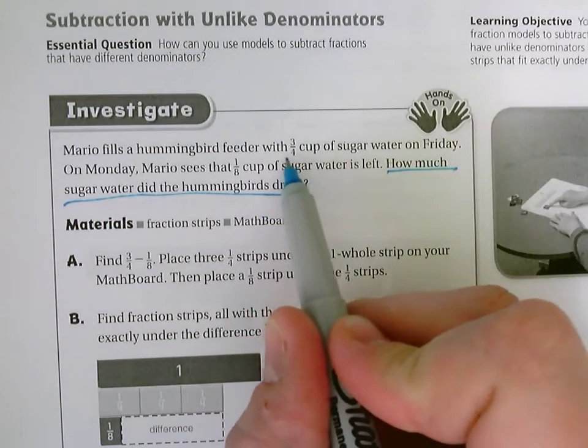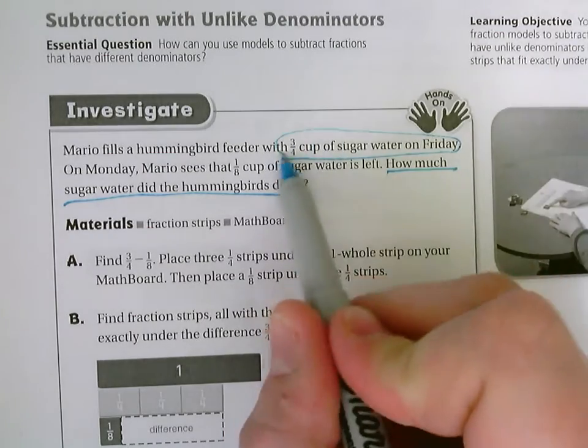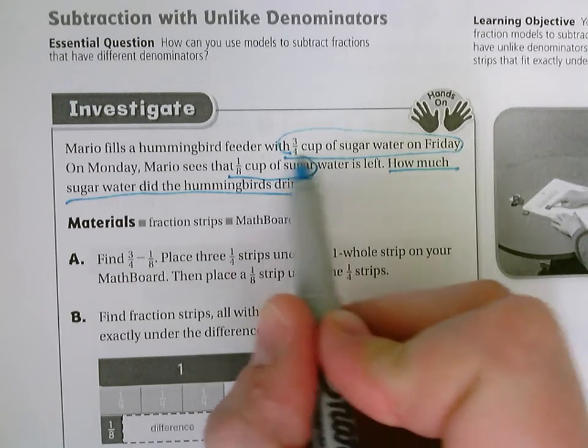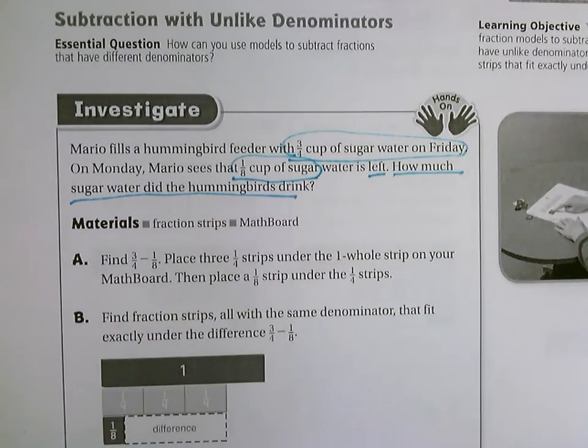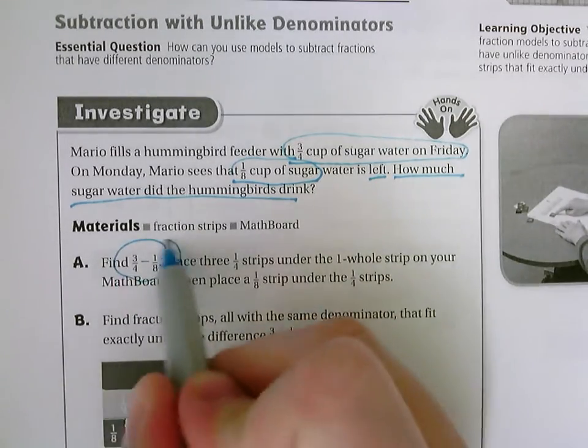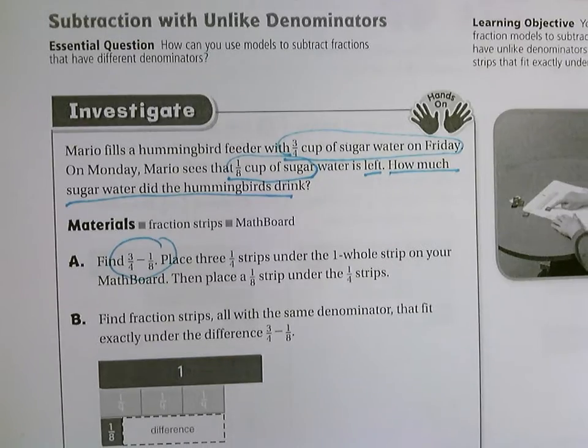So he put 3/4 of a cup in on Friday, and he went back after the weekend was over and saw there's only 1/8 of a cup left. So the hummingbird drank a lot of the sugar water. We want to know, how much of the sugar water did the hummingbird drink? To do that, we're going to be subtracting. We're going to be doing 3/4 minus 1/8.